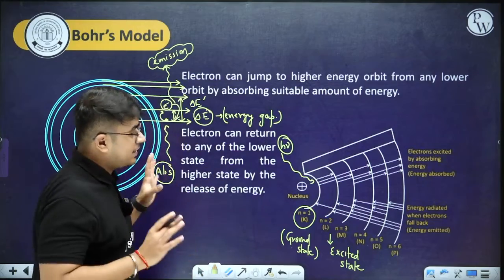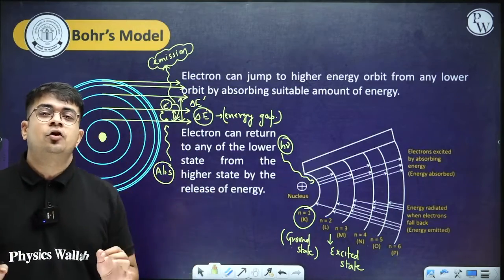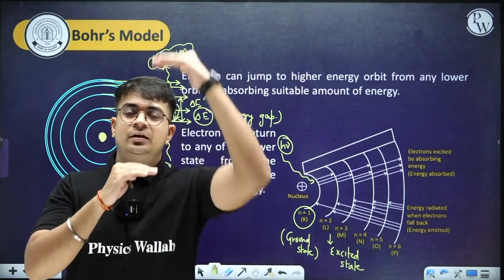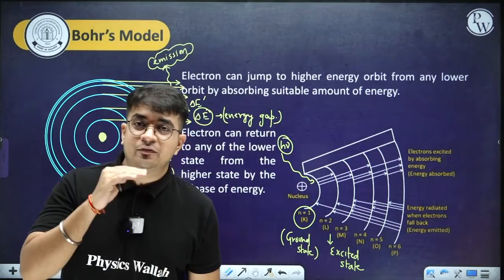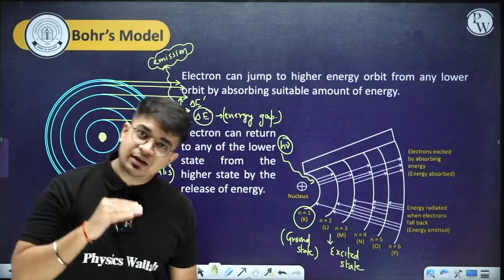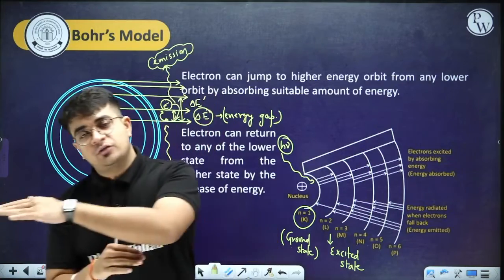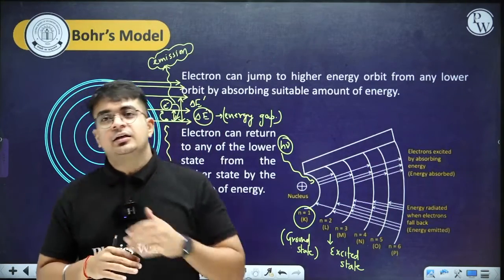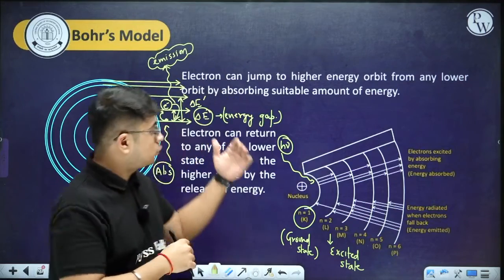So the spectral lines are basically nothing but a simple phenomenon that different energy orbits are present, and the electron is jumping from one part to another part, and after losing the energy, it will come back to its ground state by the loss of energy. That loss of energy corresponds to a specific wavelength which shows the spectral line.